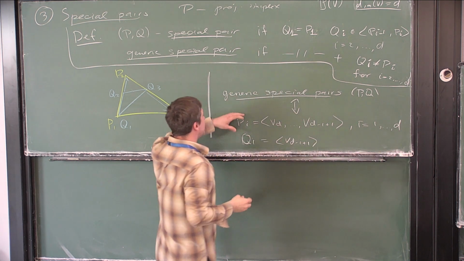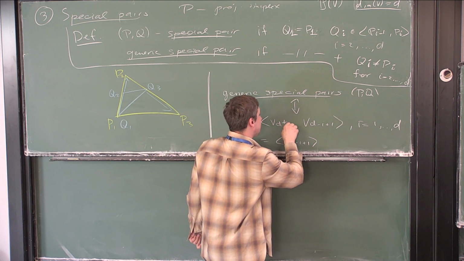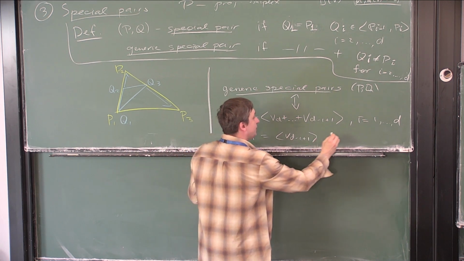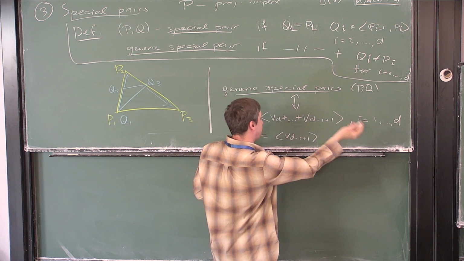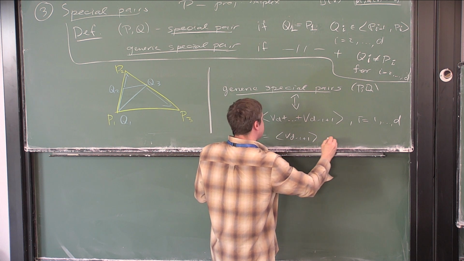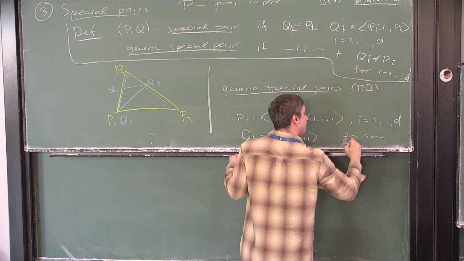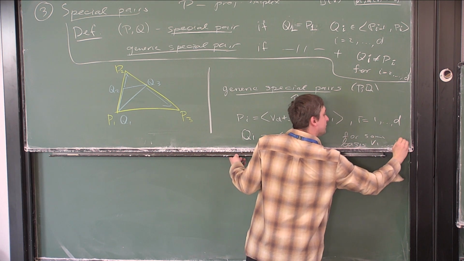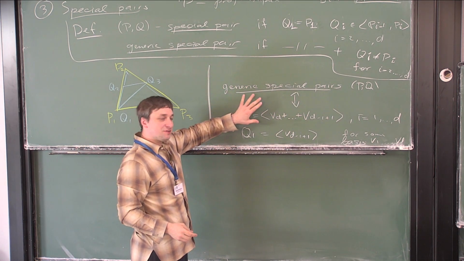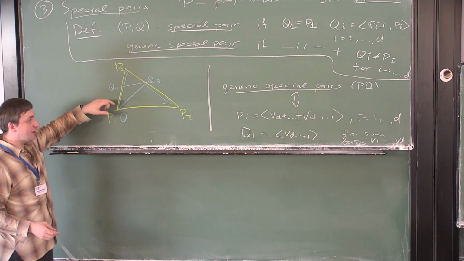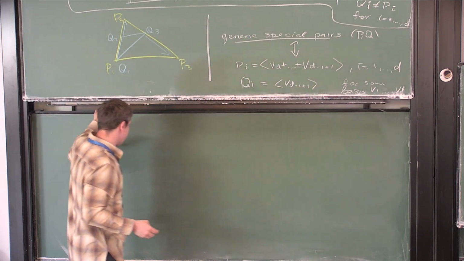So exactly the P's and Q's which can be represented by these sums, by the same elements which appeared in the definition of L, which corresponds to multiple polylogarithms, for some basis V1, ..., Vd. I might have said that all special pairs are like that. That's not the case because the degenerate ones are not of this type. But you can also describe them, and it's a pretty nice picture.